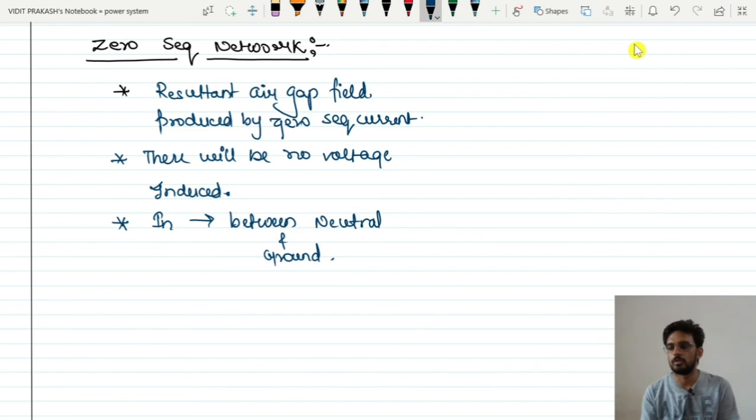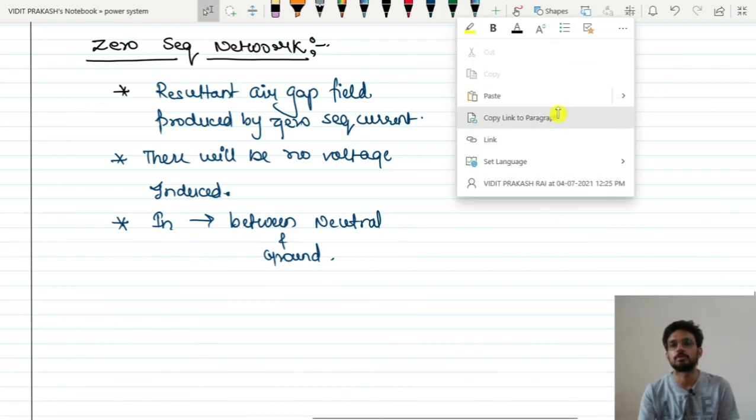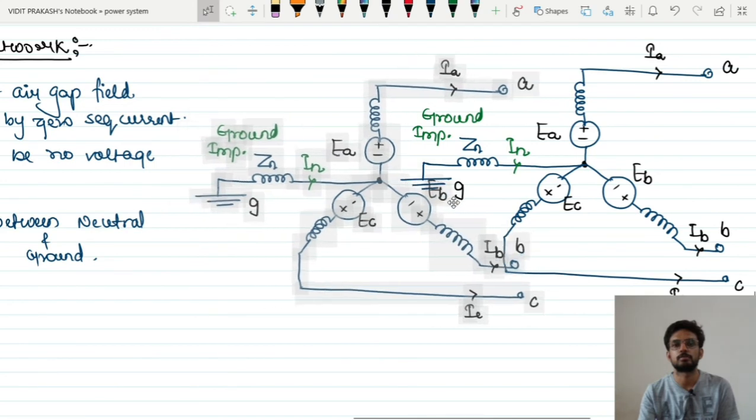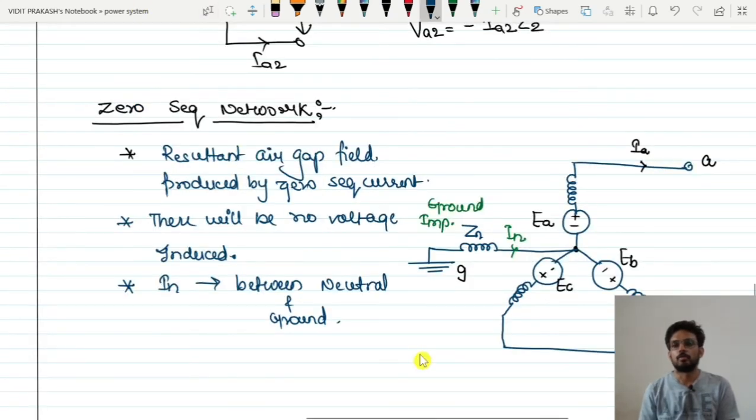So how to draw this? There will be no generation of EMF, so I'll remove this.